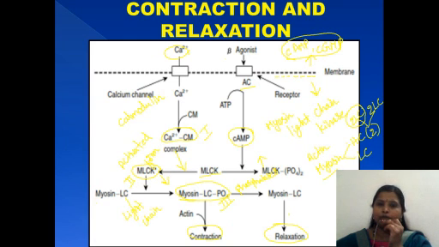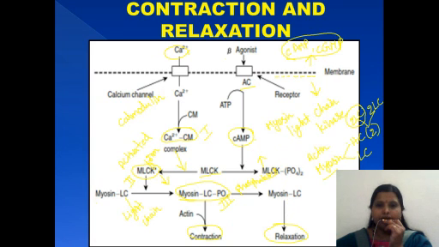So, there are 3 steps to remember in contraction and relaxation. That is, after the entry of the calcium, the formation of the calcium calmodulin is first step. Then MLCK activation is the second step. Third is the phosphorylation of the myosin light chain.